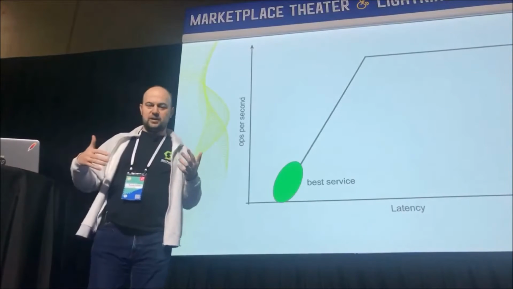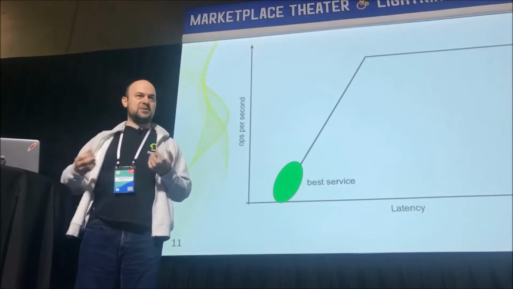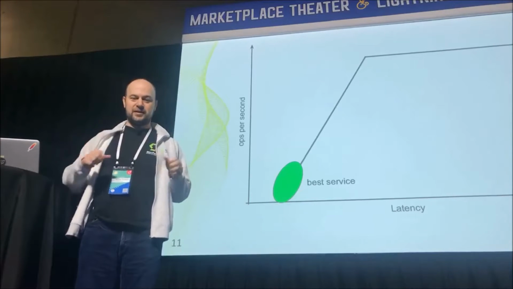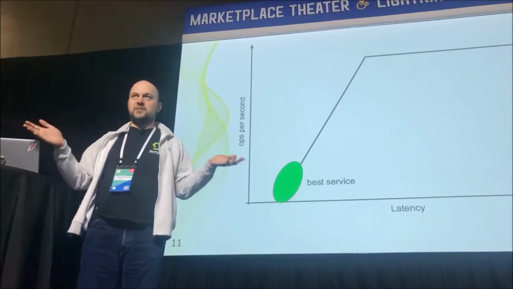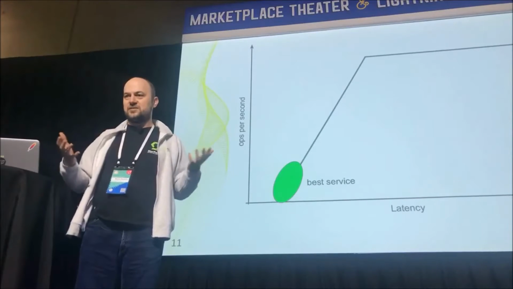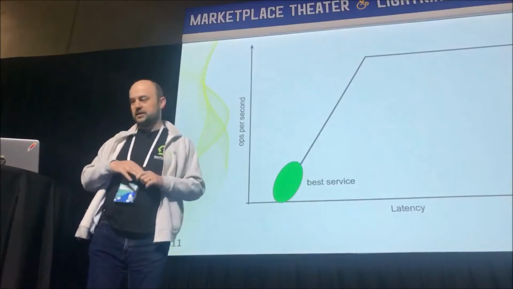In your application, where you want to get the best user experience, pages opening fast, etc., you want to be in this part of the curve. Imagine you have all kinds of systems: storage, databases, application servers, message queues. You want to run them at that part of the curve.